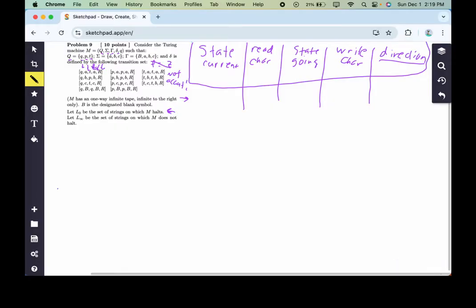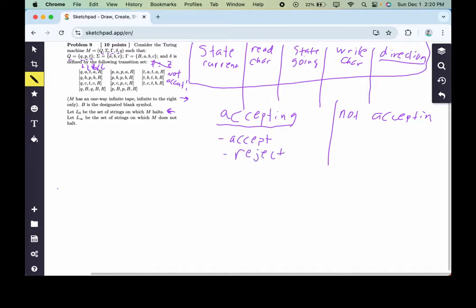So, quick thing about this. If an accepting state is given, you can either accept, reject, diverge.